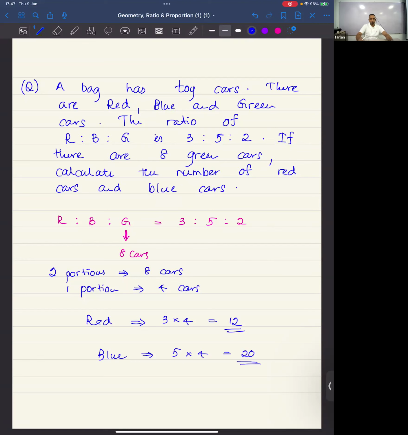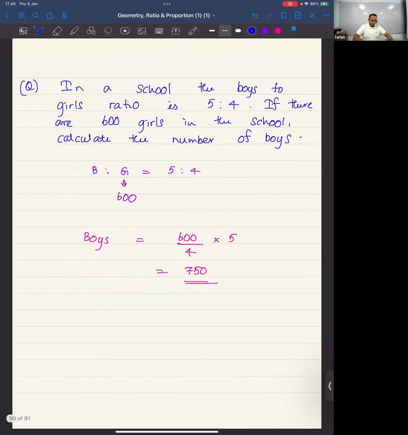That's 20 cars. Is that okay? Right. The next question.